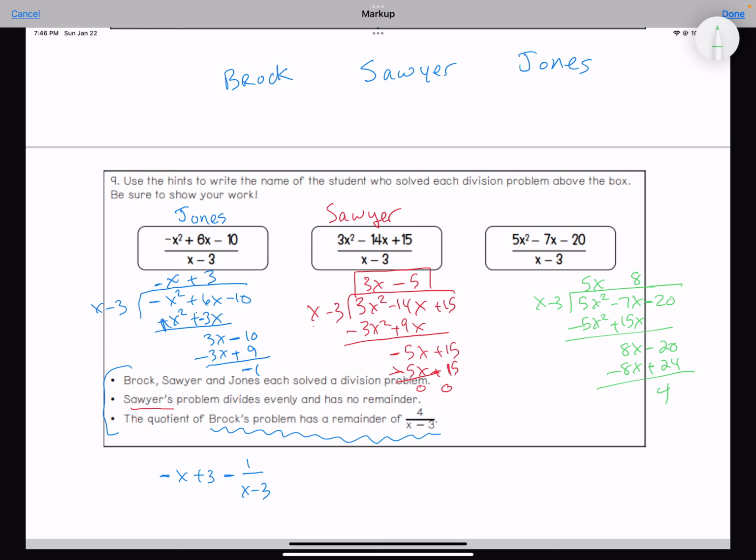I have a remainder of 4, so I'm going to do 5x plus 8, and this is how you write your remainder, 4 over my divisor. So, and that happens to be Brock.